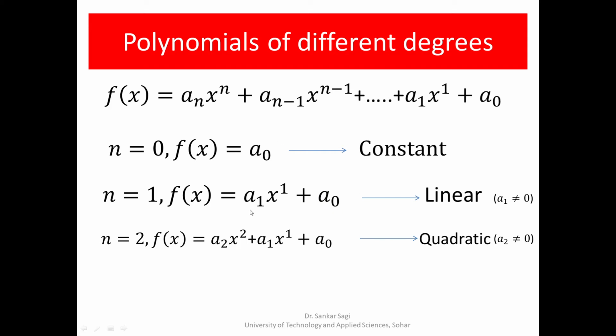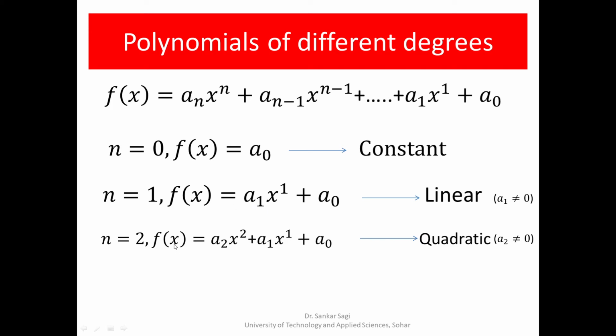So a_1 x^1 + a_0, where a_0 and a_1 are any constants with the condition that a_1 is not equal to 0. This kind of function we call a linear function. So a linear function is a polynomial of degree 1, because we take n equal to 1 to obtain this form f(x) = a_1 x^1 + a_0.